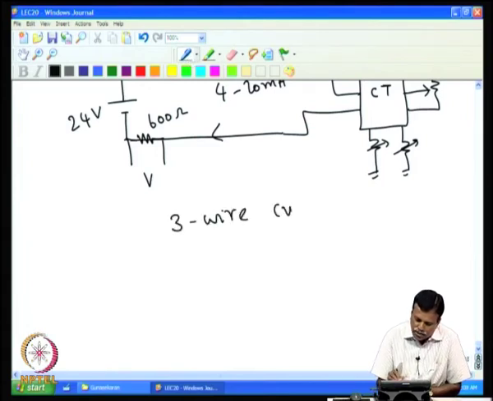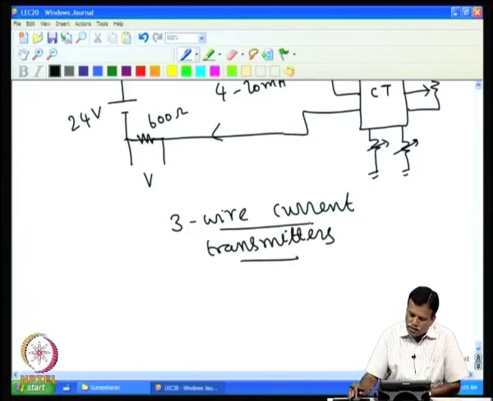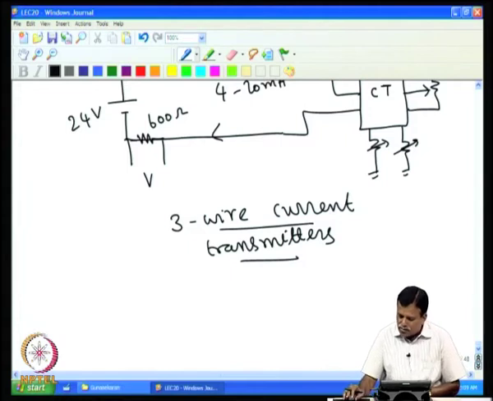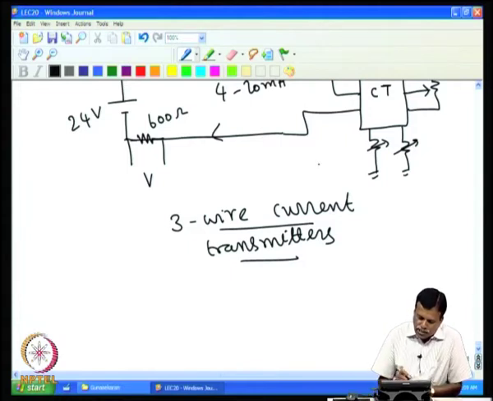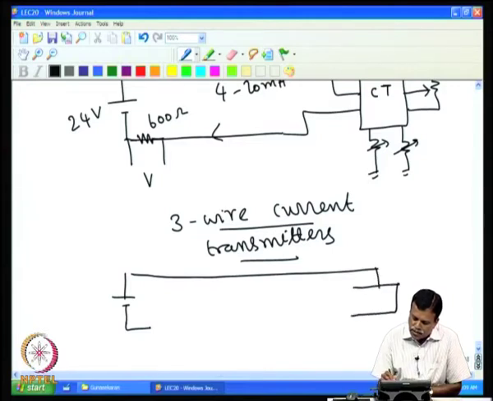This is called the 3-wire current transmitter. It essentially looks like this: you have the potentiometer, the voltage source, and then it is given to the system, the 3-wire current transmitter.